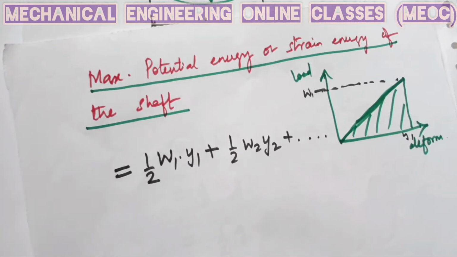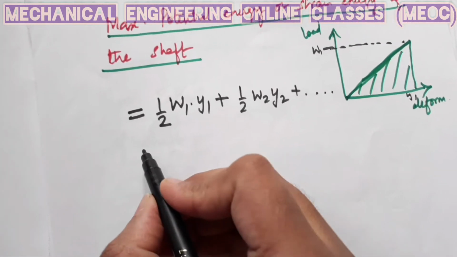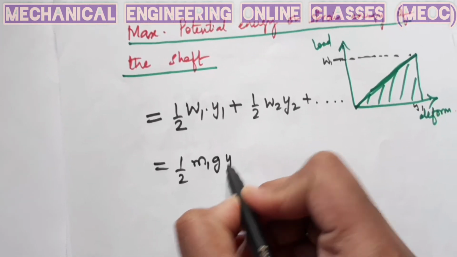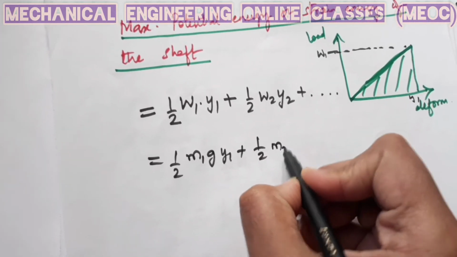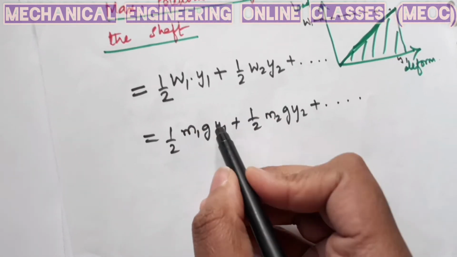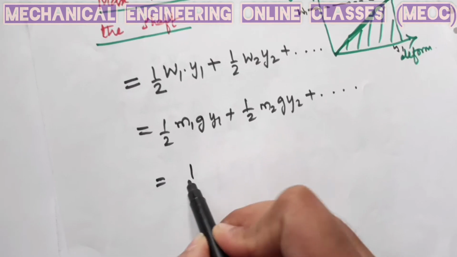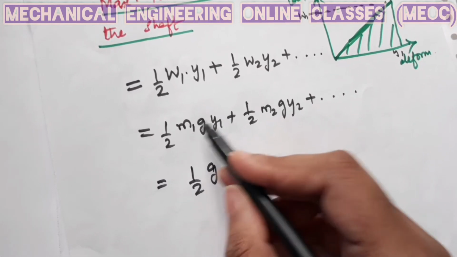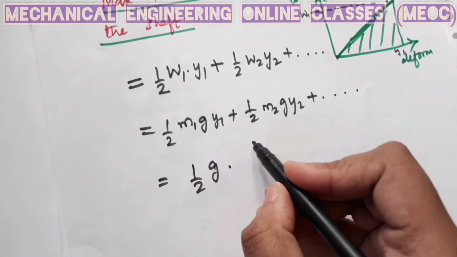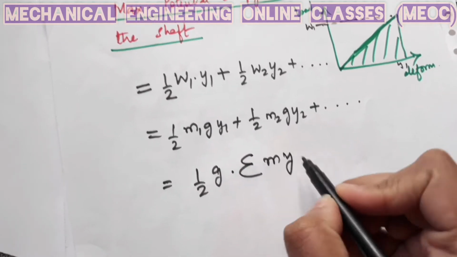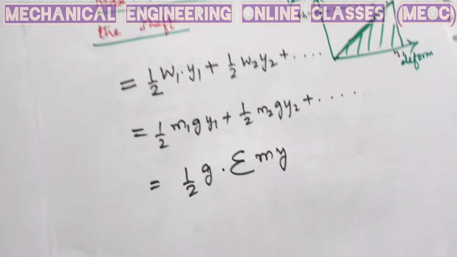Or in terms of masses, this can be written as half M1 g Y1 plus half M2 g Y2 and so on. So we can take g and half common, it becomes half g into the summation of M1 Y1, M2 Y2 and so on. We can write it in short as summation My. My is a general term.